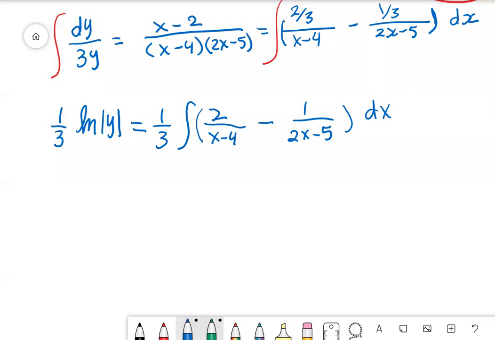Right. So what we can do, we can cancel these 1/3 from both sides. We don't need it.